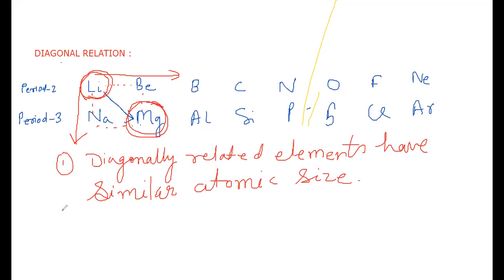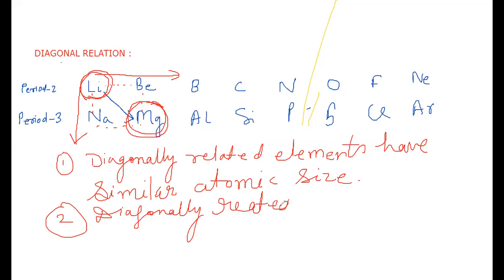And since the atomic size is the same, their electronegativity is also similar. Diagonally related elements have similar electronegativity.